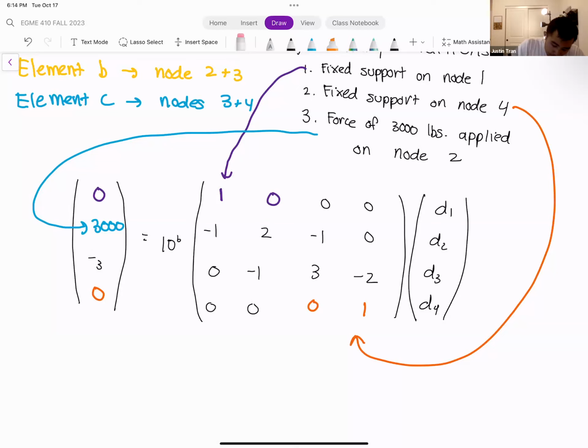And then the last thing we need to do here is plug in for F3. Since we don't have any fixed support on node 3, we're not going to modify the matrix on the third row. And we don't have any force being applied on node 3 as well, so we're going to put a 0 here. That 0 represents that we have no external force being applied on node 3.